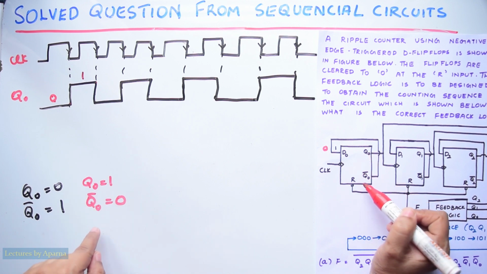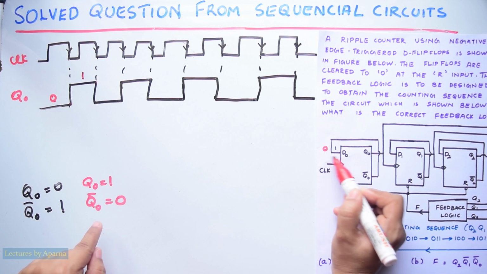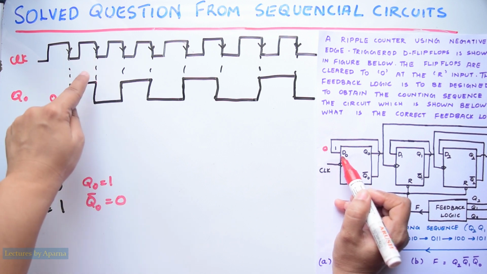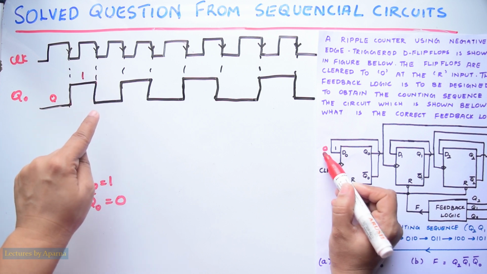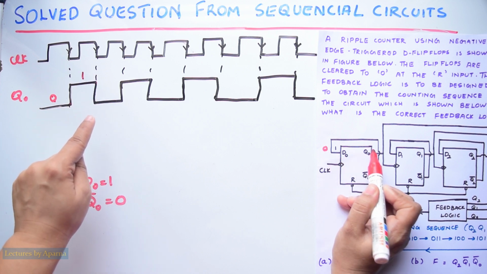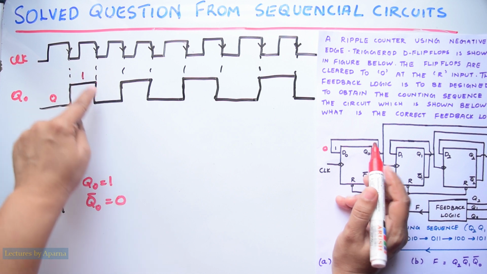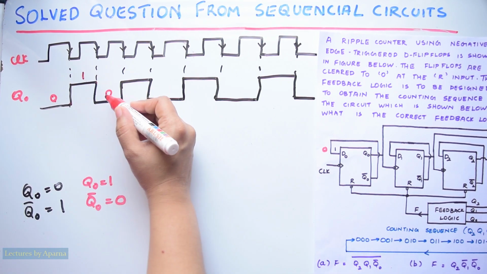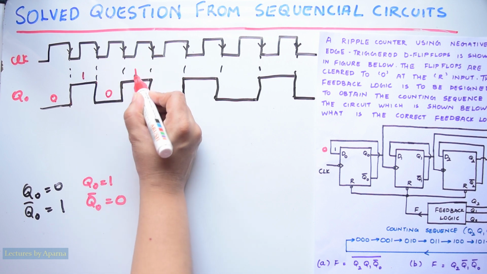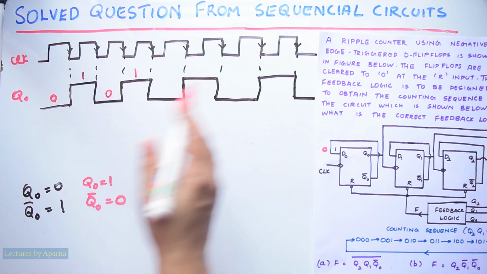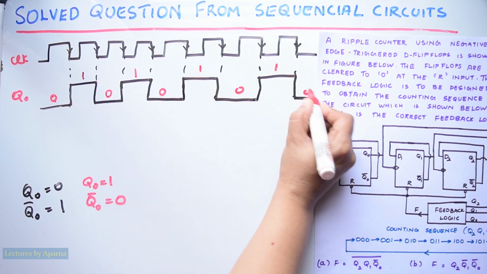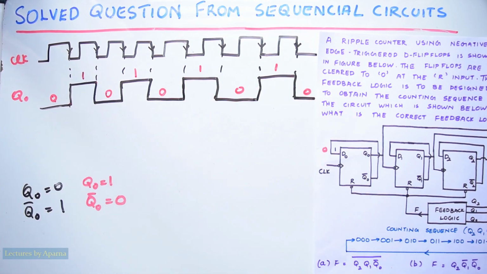When the next negative edge comes, this D0 will come to output Q0. Again it toggles at the next negative edge and changes its state to 1, and this process continues. So we get it like this.